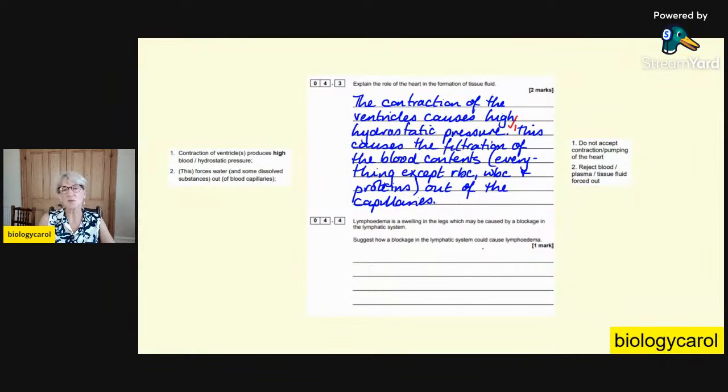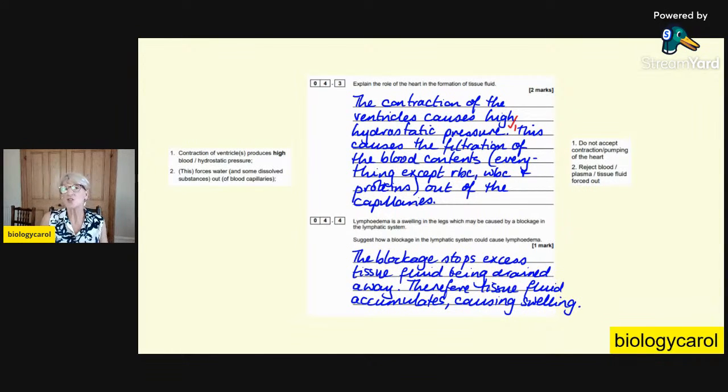Lymphedema is a swelling in the legs which may be caused by a blockage in the lymphatic system. Suggest how the blockage would cause lymphedema. Well, here you need to know what the role of the lymph is in the formation of tissue fluid, and the lymph acts as a drain of any excess tissue fluid in your tissues around those cells.